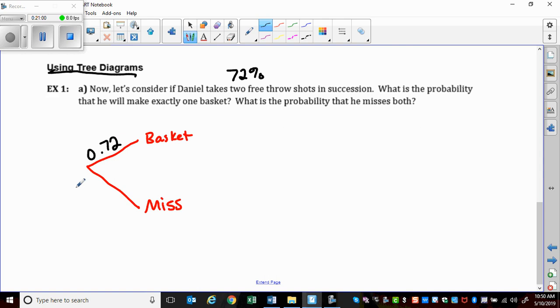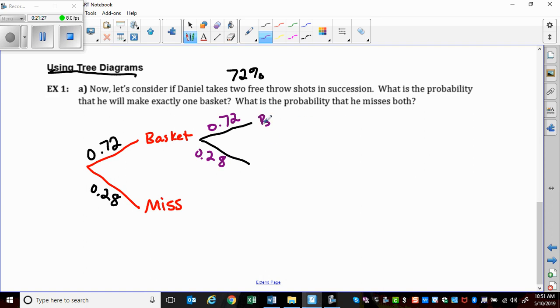But if you subtract this from 1, we get 0.28 that he misses it. Now, if this is the first basket we're missing, from here, if he throws another one, then he can either make a basket again, and this is also 0.72, or missing, also 0.28.